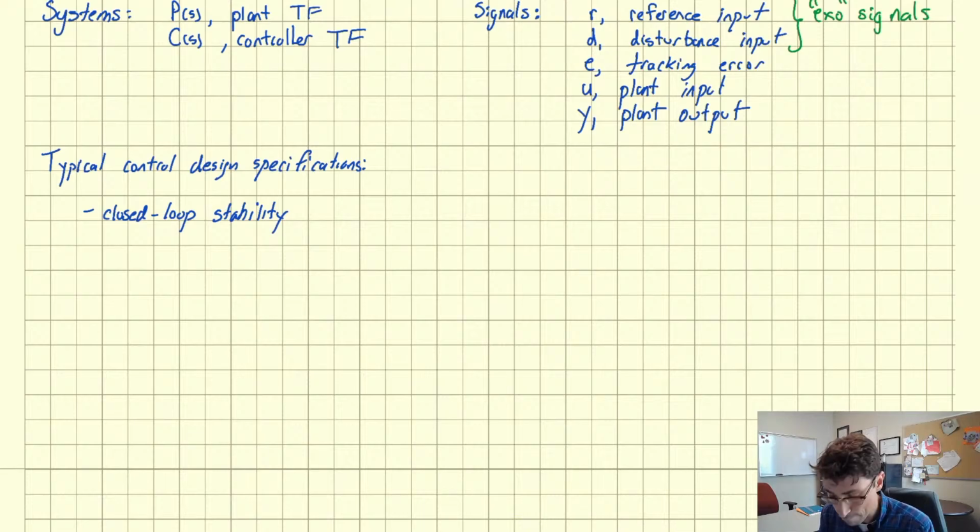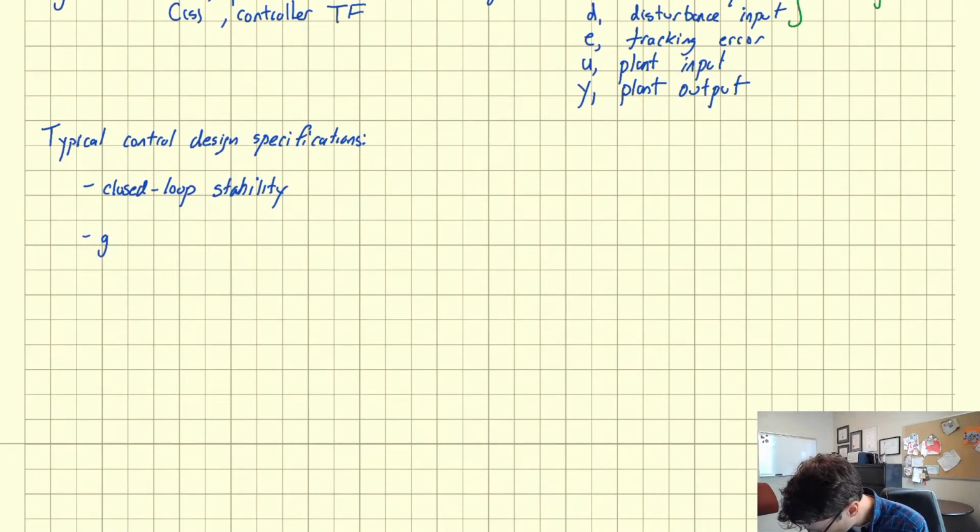Okay. Typically, you want good transient performance, right? So if I command this cart to go to a particular position, I don't want it to oscillate wildly before it eventually settles down. So good transient performance. And robustness to plant model uncertainty.